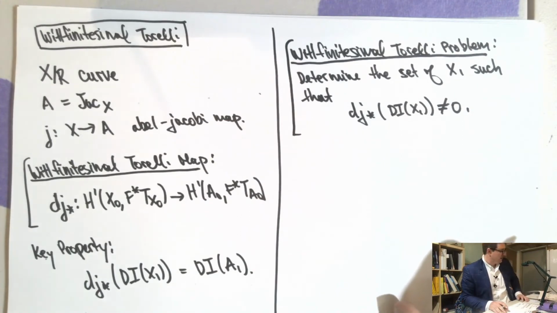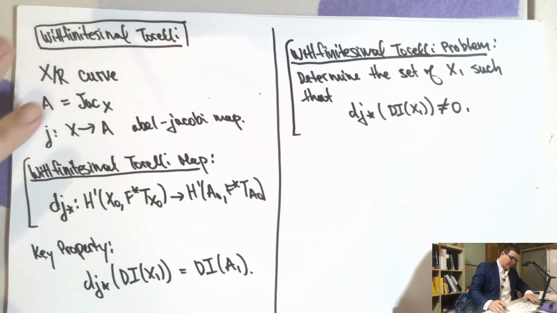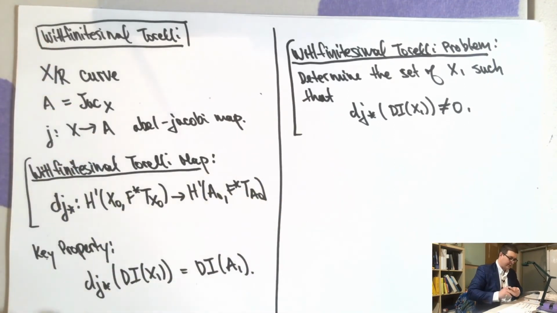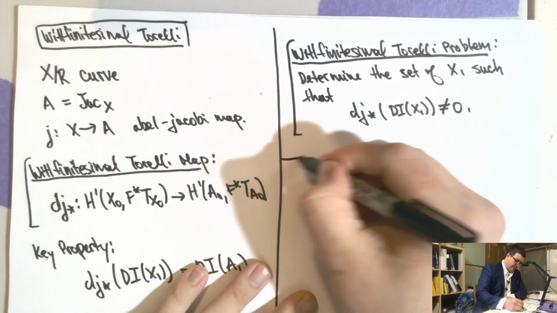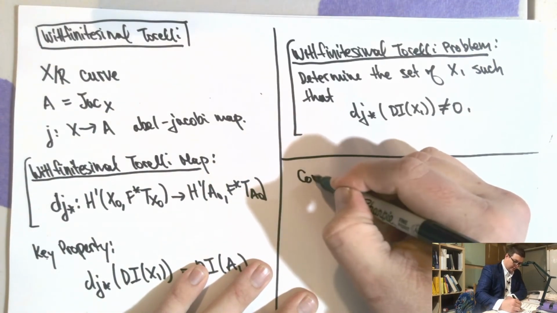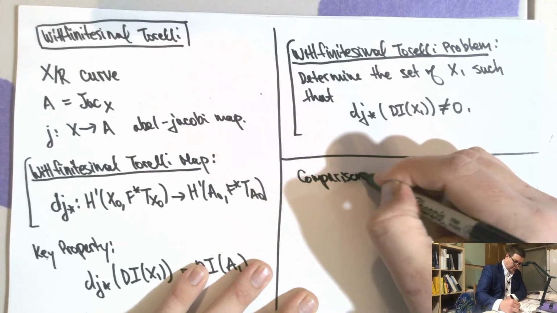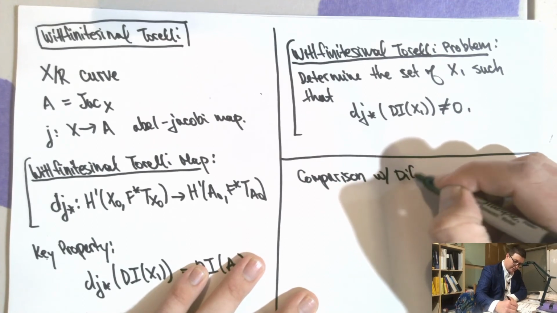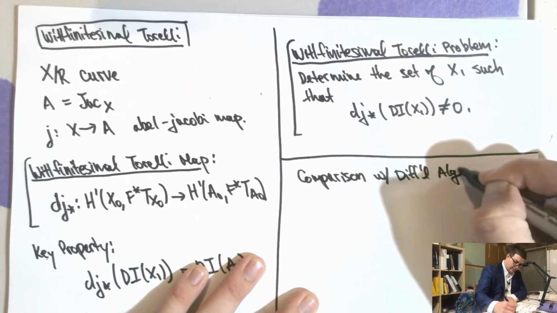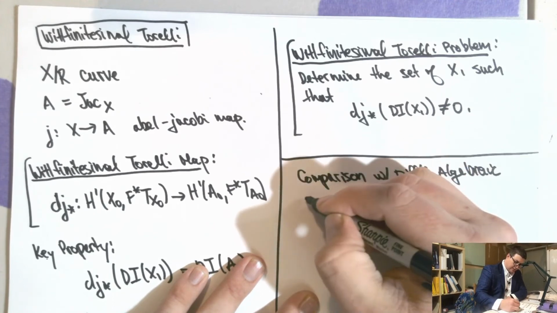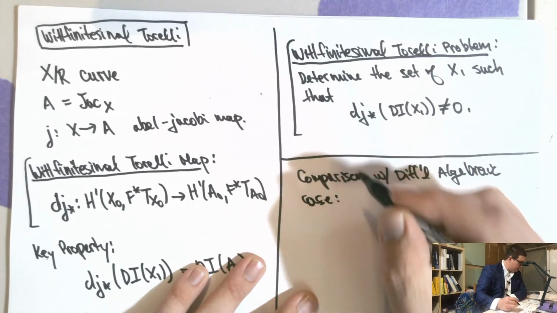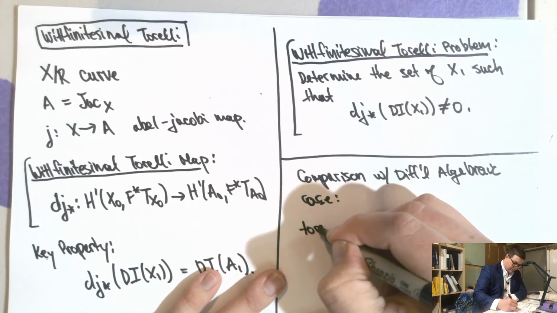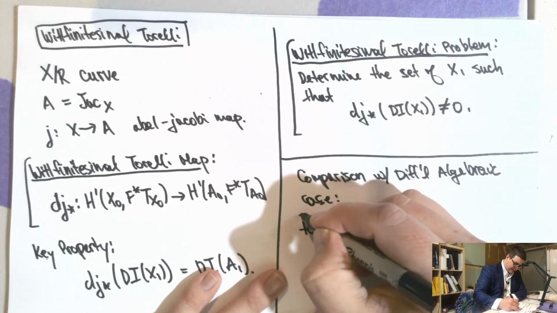Let's just recall what happens in the differential algebraic case, by comparison. We have the infinitesimal Torelli map.